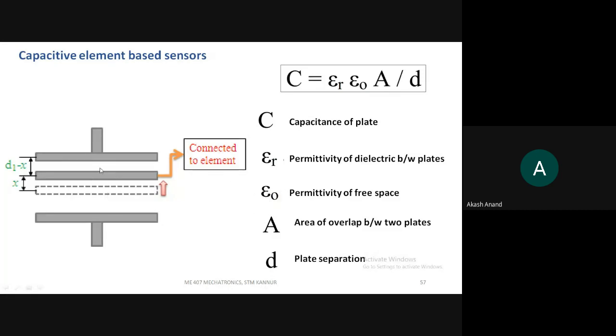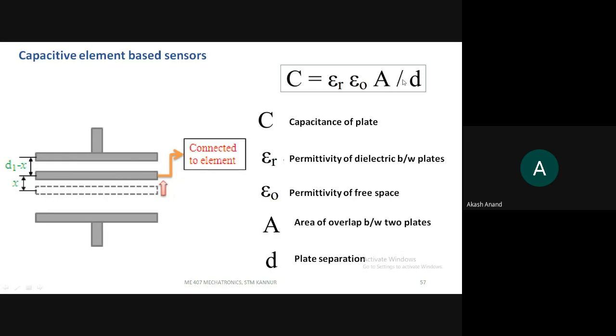This is a plate, right? If the area of the plate increases, the capacitance increases, since it is directly proportional. Similarly, if the distance between the plates increases, the capacitance decreases.